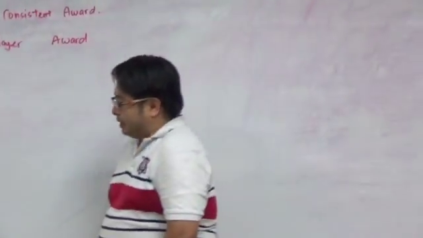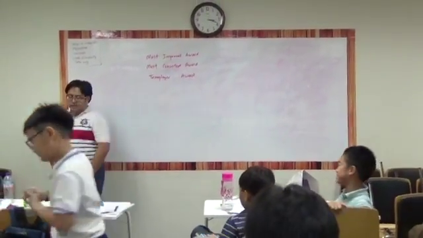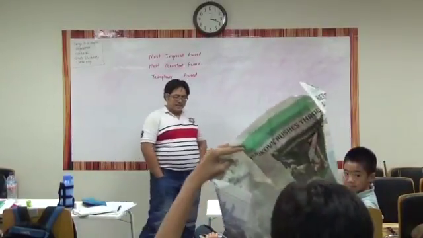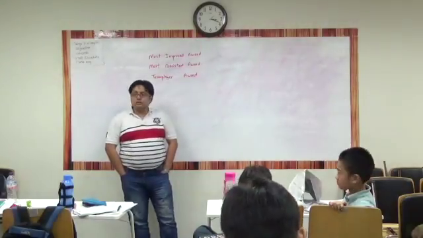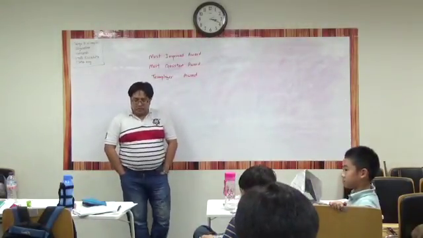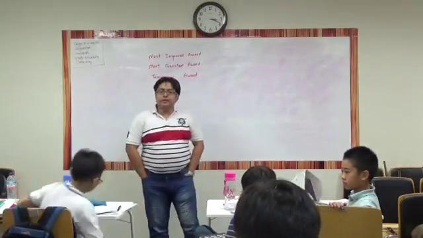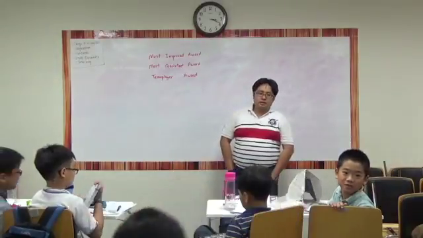Okay, the next award that I've been wanting to award this person is the most consistent award. So basically from day one until now, he has been making a lot of effort to do more than what I asked. In the very beginning, I gave a lot of work, and that's my intention.